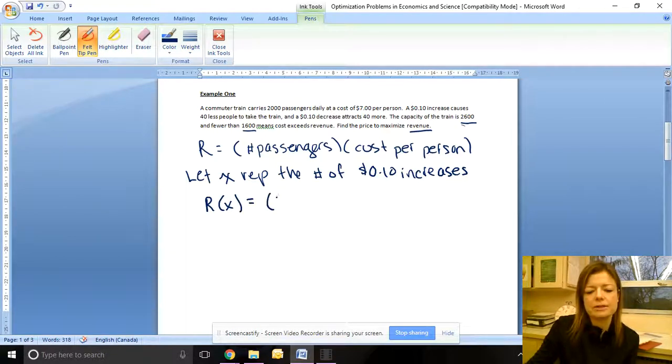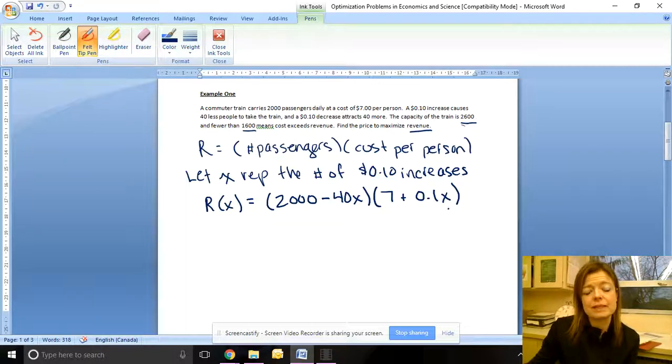The number of passengers is currently 2,000. But what happens every time that we have an X, this is reduced by 40. So we have to subtract 40 for every X, so 40X. And then our cost right now is $7, but it's going to increase by 10 cents every time we have an increase.